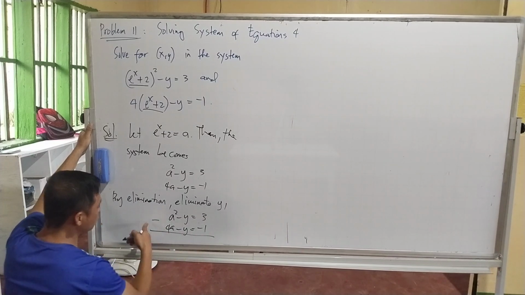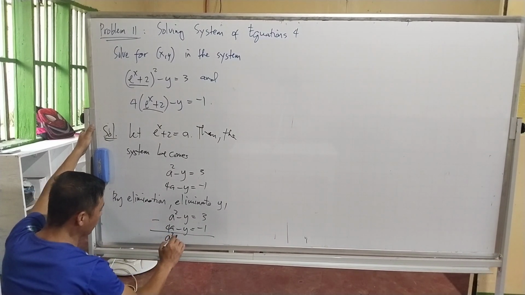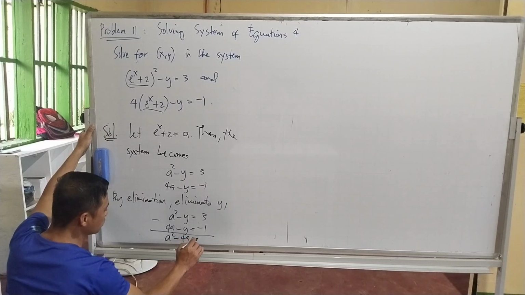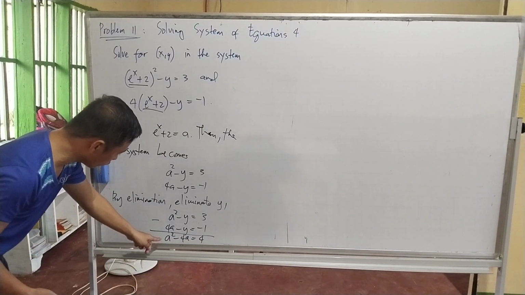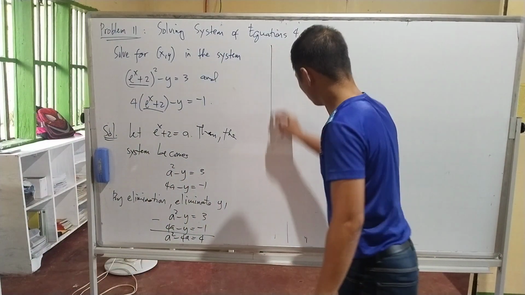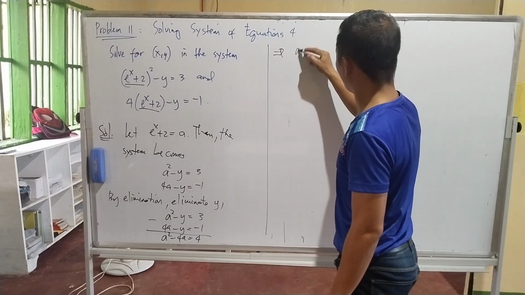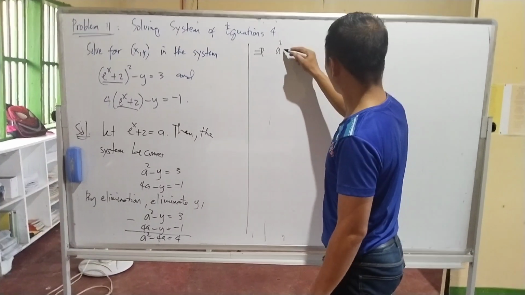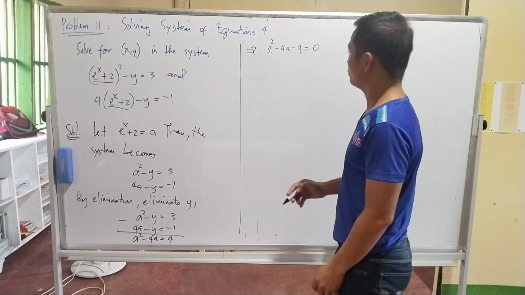By elimination, using the operation subtraction, we now have a^2 - 4a = 4. Then we're going to solve for the value of a in this equation. It follows that a^2 - 4a - 4 = 0.